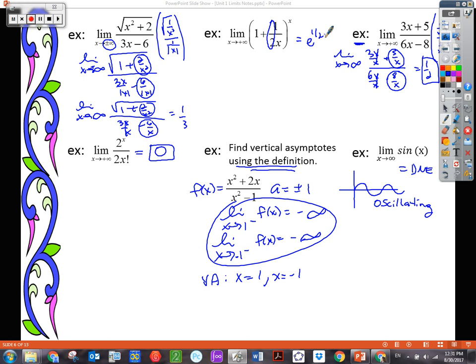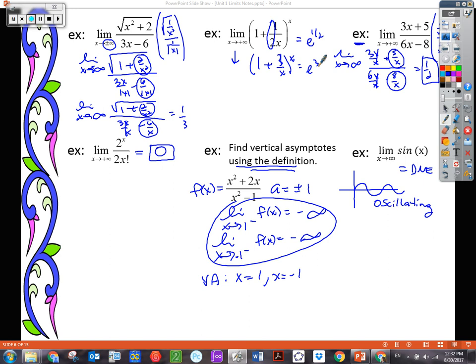So let's say instead of a 2 there, I have that same limit and it's 1 plus 3 over x to the x. What do you think that answer is going to be? It's going to be e cubed, right? What if it's 1 over 3 halves x? 3 over 2x. It's going to be e to the 3 halves.